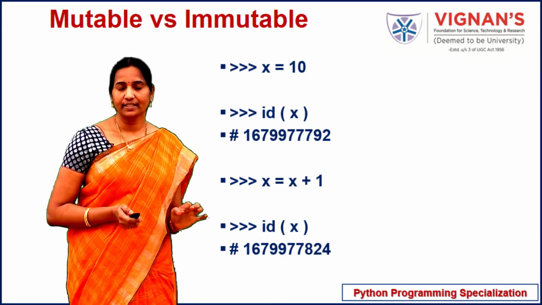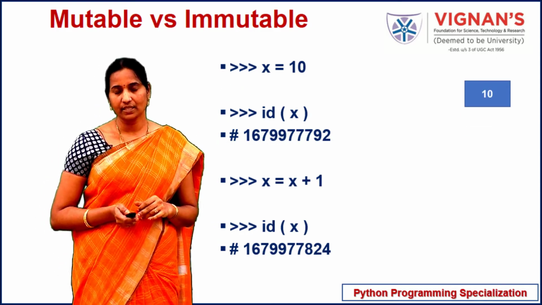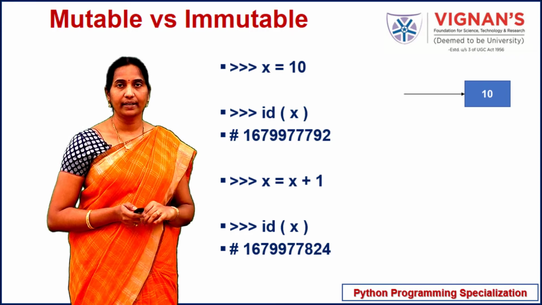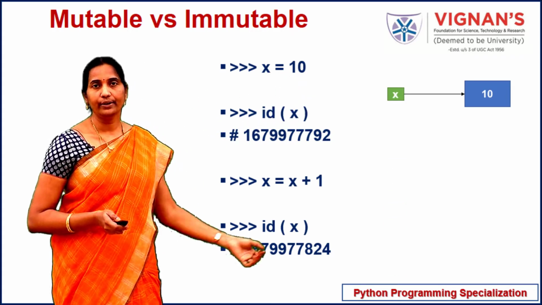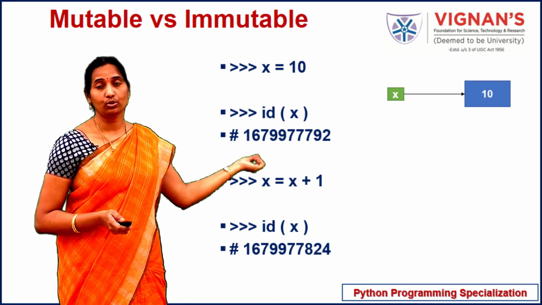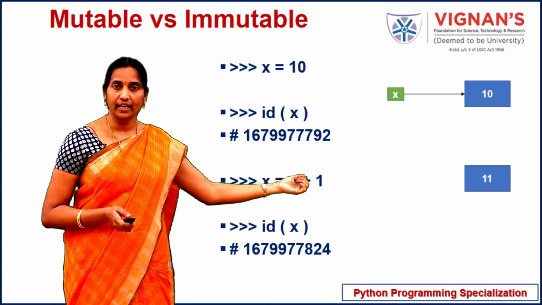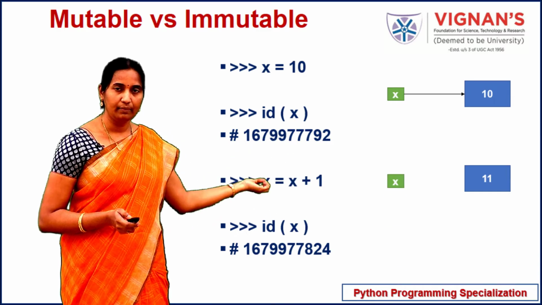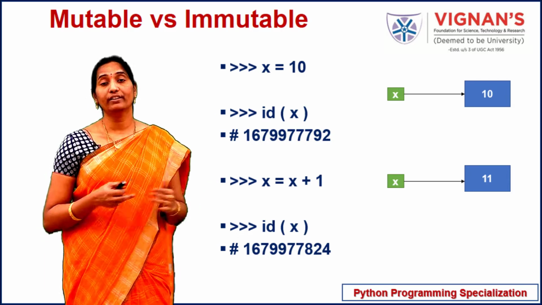The reason for this is, whenever you do x equal to 10, the object 10 is created and you give the name x to the object 10. Whenever you increment x equal to x plus 1, the object 11 is created and again you assign the name x to that. So 10 and 11 are two different objects.